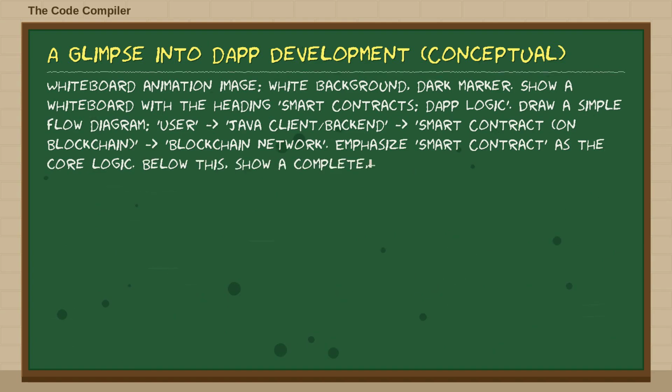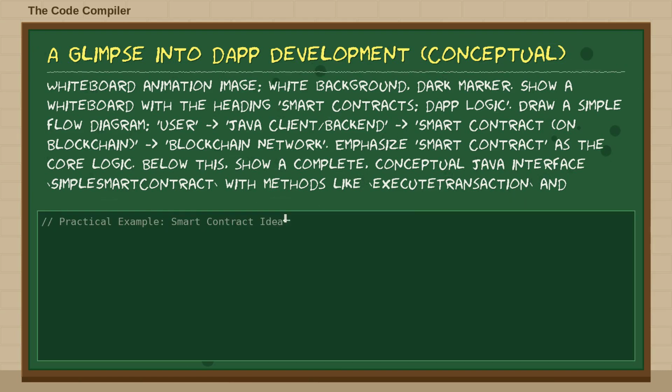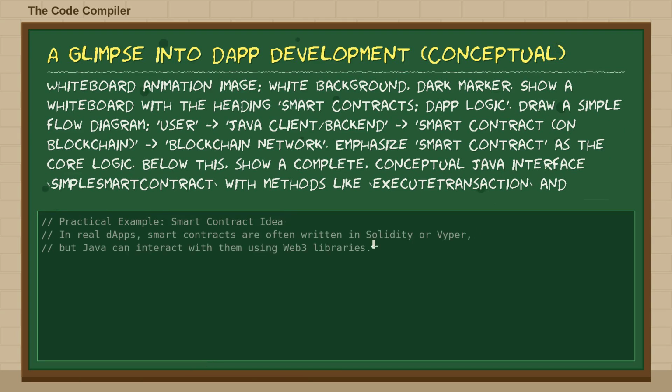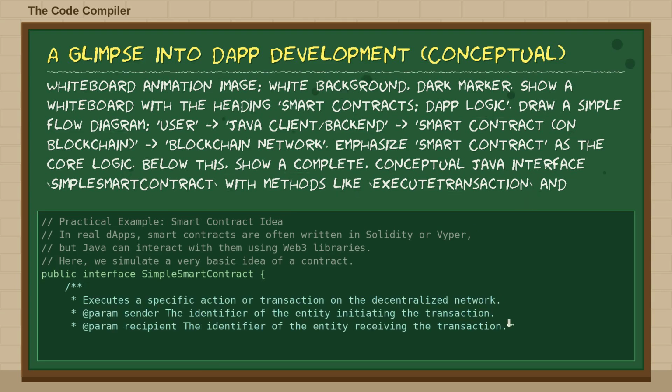Emphasize smart contract as the core logic. Below this, show a complete, conceptual Java interface, simple smart contract with methods like execute transaction and query state, along with a basic token contract implementation. Key lines of the Java code are circled or underlined to highlight the contract methods and their purpose.